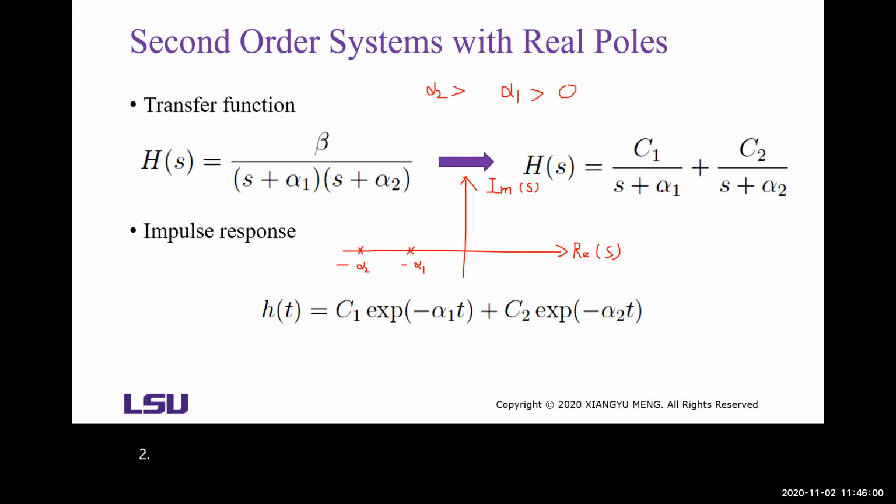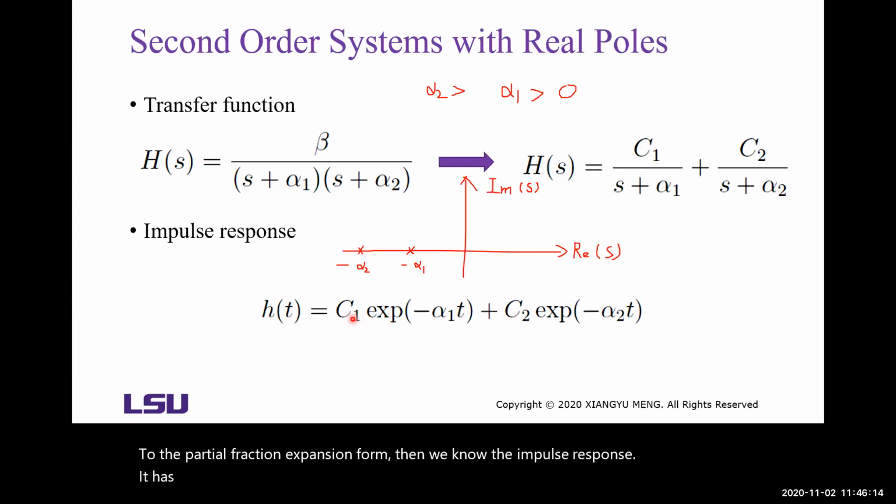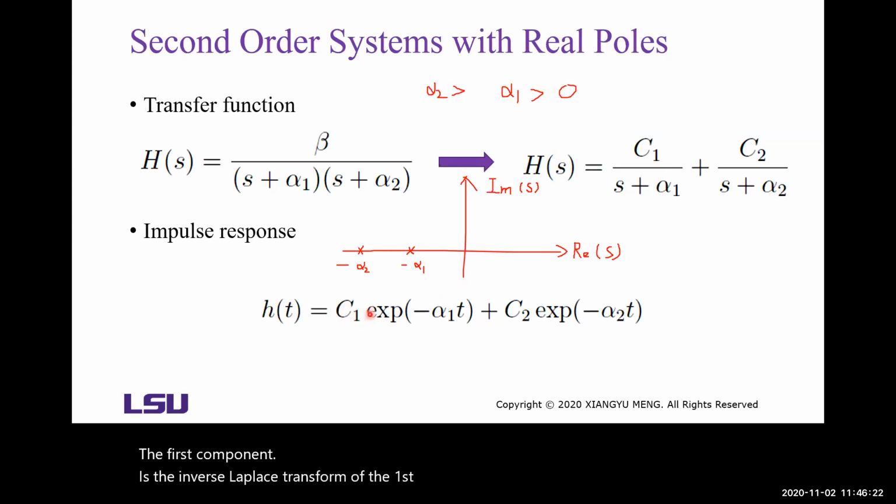Then when we apply the inverse Laplace transform to the partial fraction expansion form, we know the impulse response has two components. The first component is the inverse Laplace transform of the first term, which will be C1 exponential minus alpha 1 t, plus the inverse Laplace transform of the second term, which will be C2 exponential minus alpha 2 t.